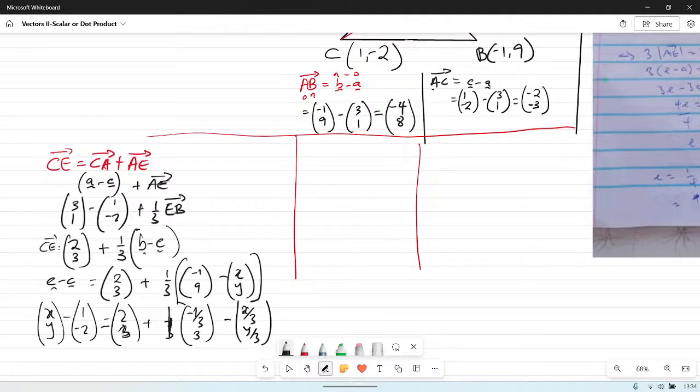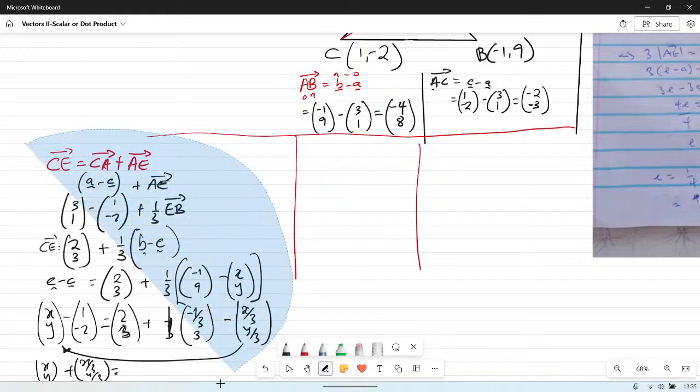Now group like this. Group this and this together: x, y plus x over 3, y over 3. And move these ones to the rest. When you simplify them, I think your approach is right. Your approach is right.